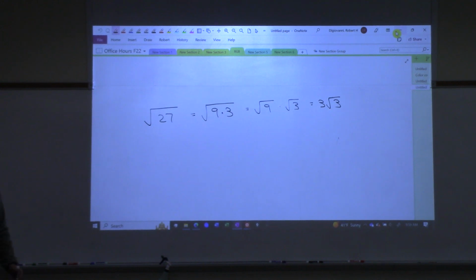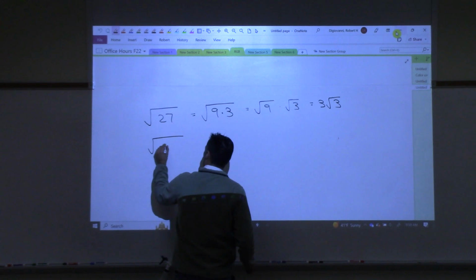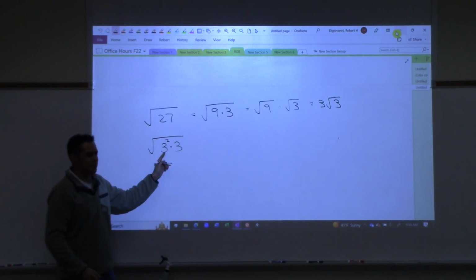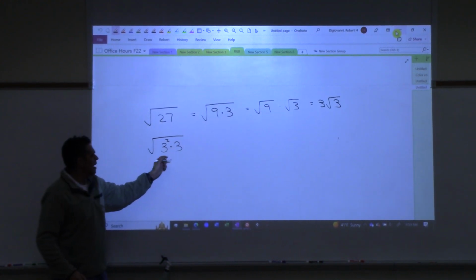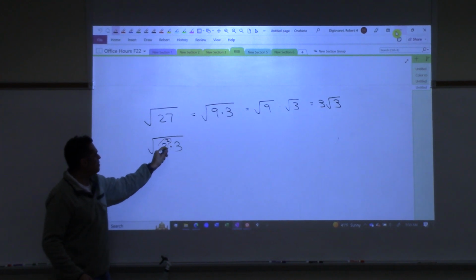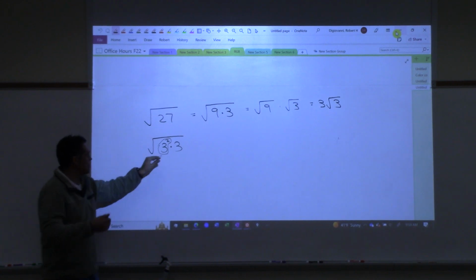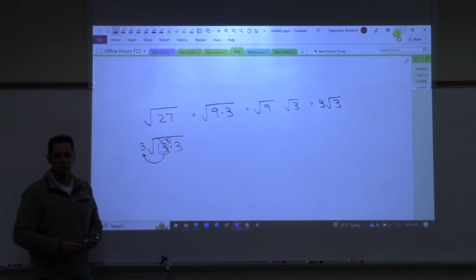Here's another way you could have looked at this. This is also 3 squared times 3, right? 3 squared is 9 times 3, right? So that's the same thing as this. And anytime you see a pair of numbers being multiplied, like 3 squared, you can pull that out of the root as a 3 and get rid of it here.